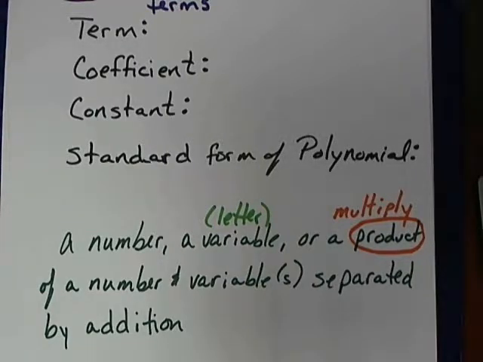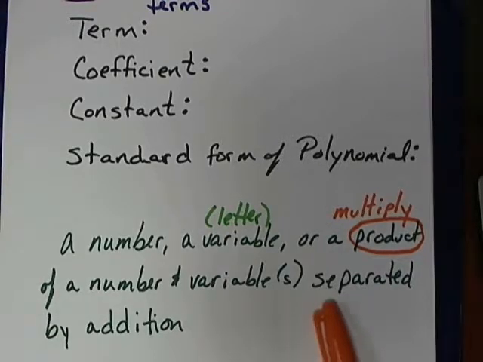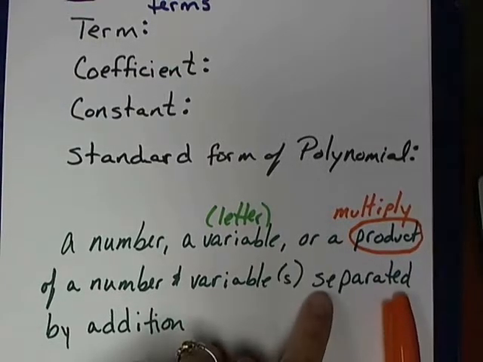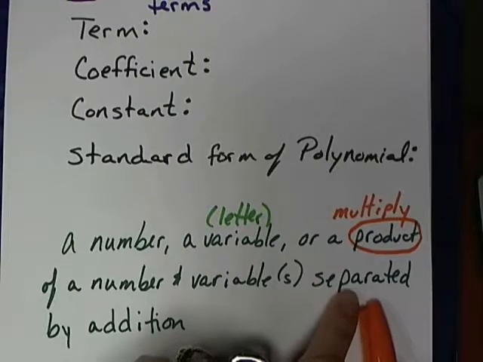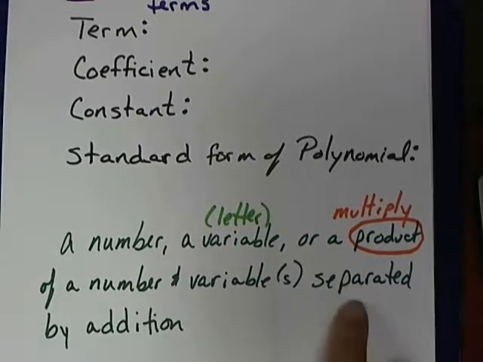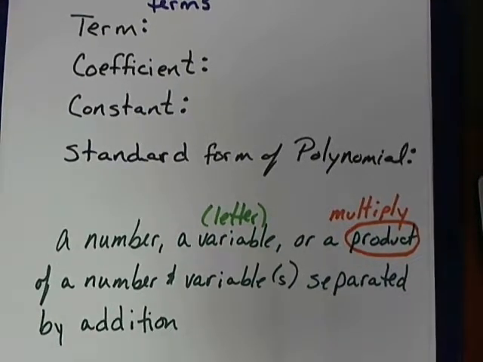And the terms are separated by addition. Notice the spelling of separated. The E's are separated by the A's, or you can say that there's a rat inside of it. Anything so that you start spelling it correctly. Separated by addition.